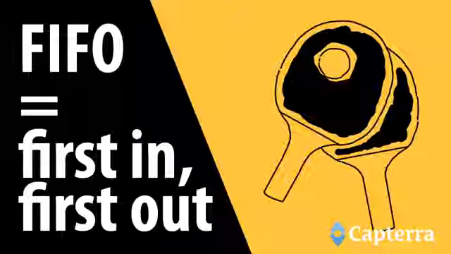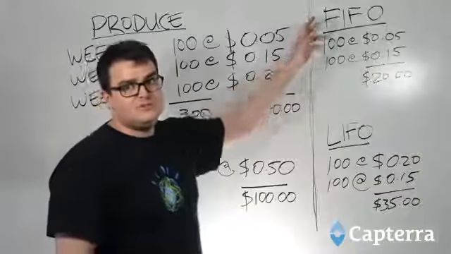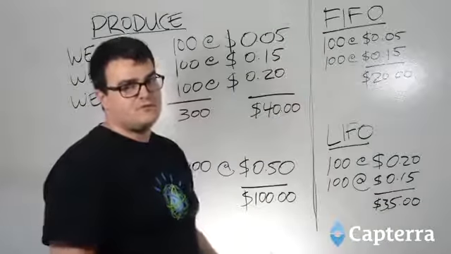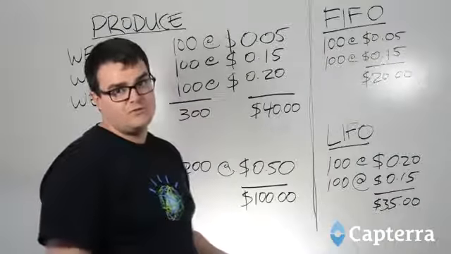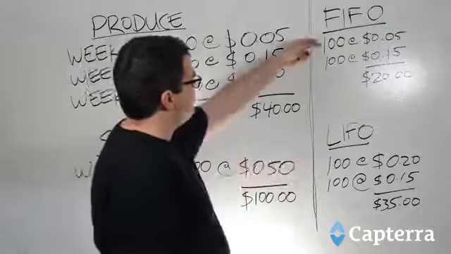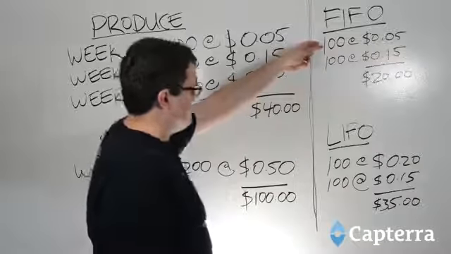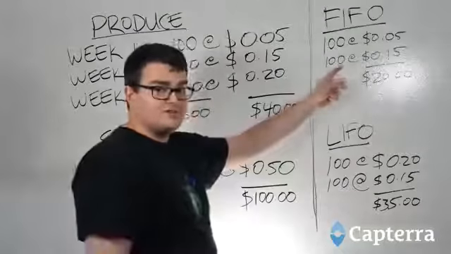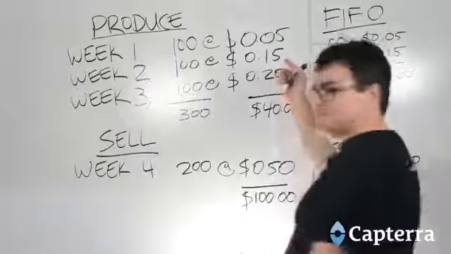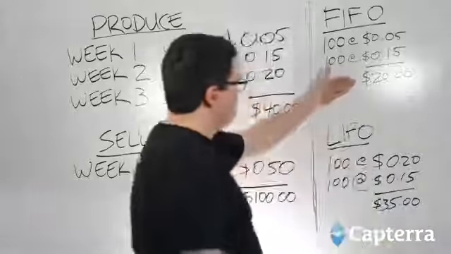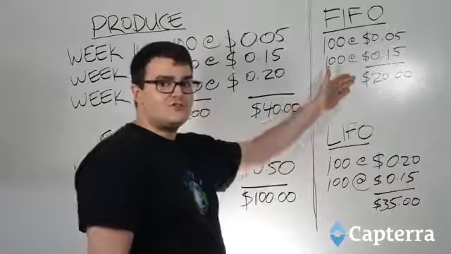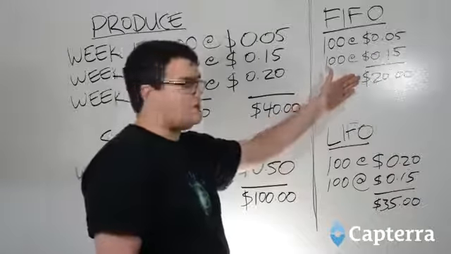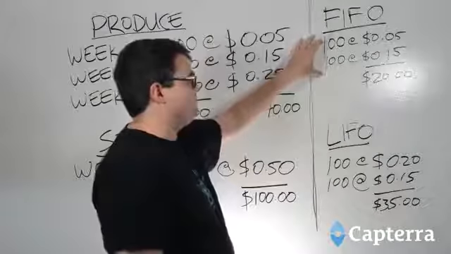For FIFO, first in, first out, we assume that the first ping pong balls we made were the first ones that we sold. So we sell 100 ping pong balls that we made at the very beginning at 5 cents, and 100 ping pong balls that we made next for 15 cents. In total, we've sold $20 worth of our raw material. It cost us $20 to make those ping pong balls.